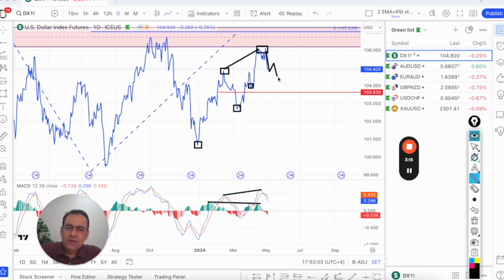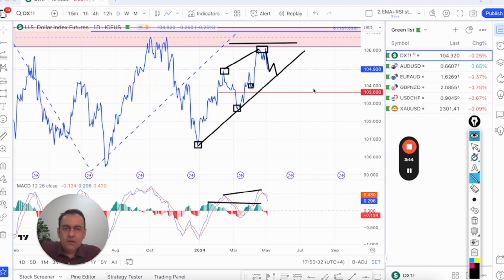Now whether it will be a temporary move or it is going to be a long-term downward trend, ultimately pushing dollar to Fib extension 0.618 and the price level of 97.5, I don't know, but at least in the short run, dollar is facing a massive resistance around 106 dollar index, and we can expect dollar to be short-term bearish.